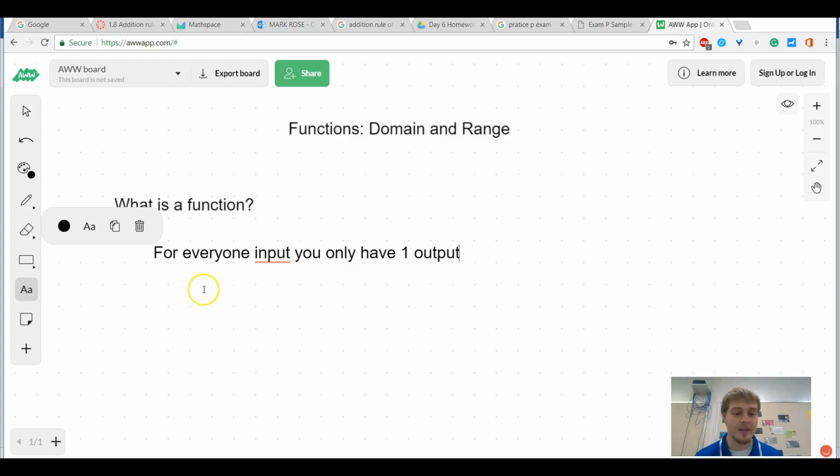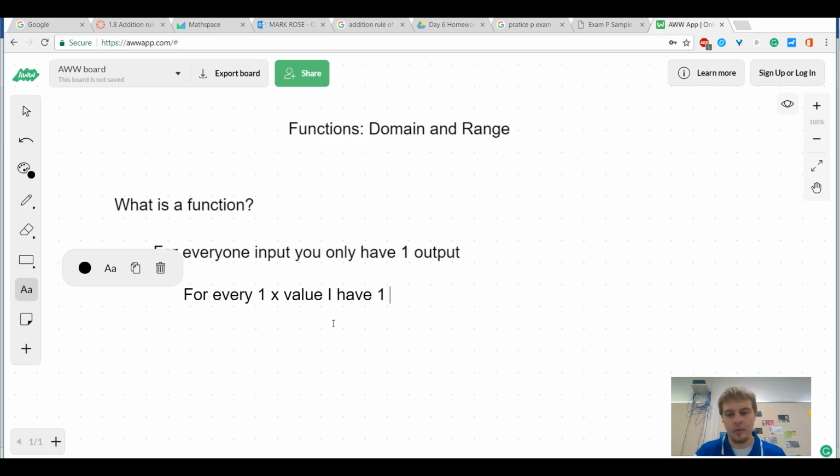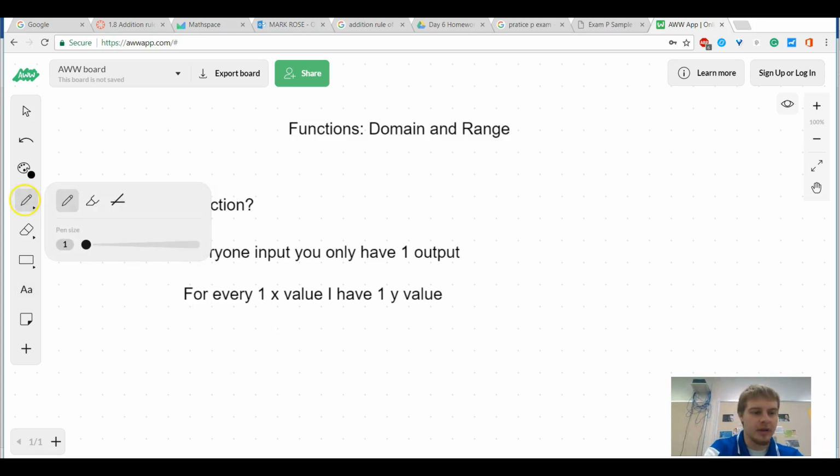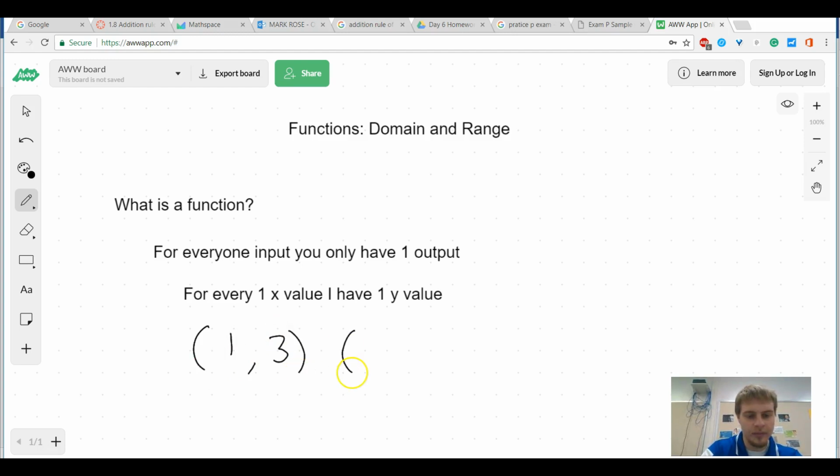Another way of saying this is, for every one x value, I have one y value. So an example of this would be this set of pairs, which would be a function because I have 1, 3, 2, 3, and 3, 3.